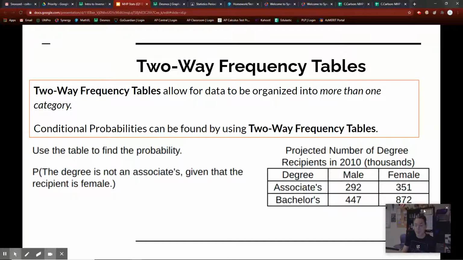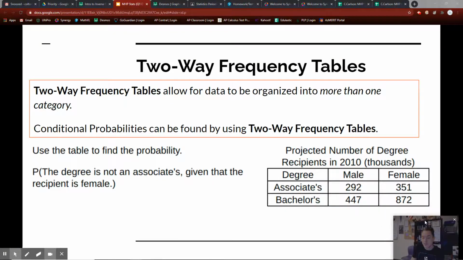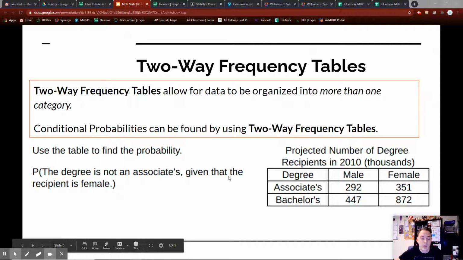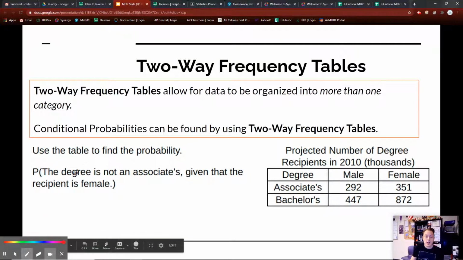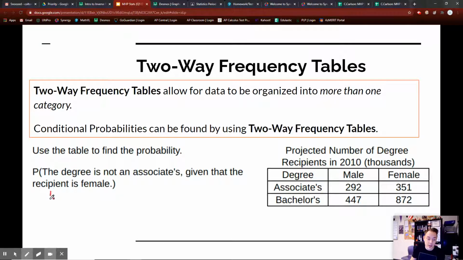So this is an example, right here, of a two-way frequency table that you'll see on Math Excel, okay? So use a two-way frequency table to find the probability that the degree is not an associate's, and that little tilde symbol is not, given that the recipient is female, okay?